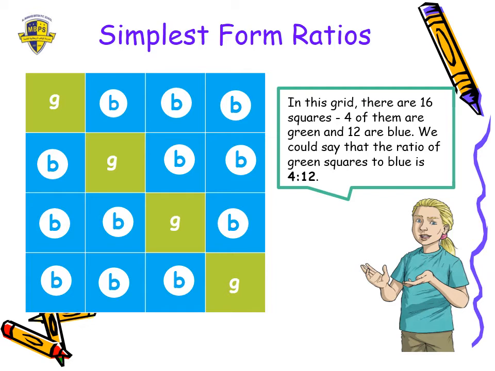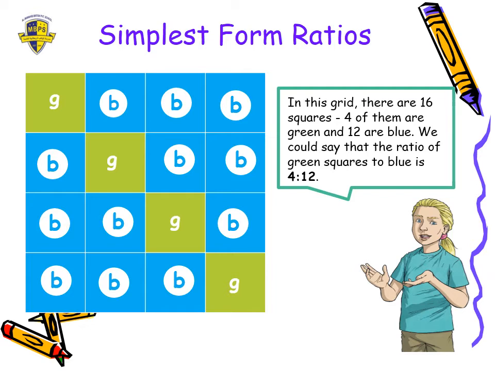Now, if I ask you to look at the rows, this is the sleeping line. The first one is green, blue, blue, blue, so 3 blue and 1 green.